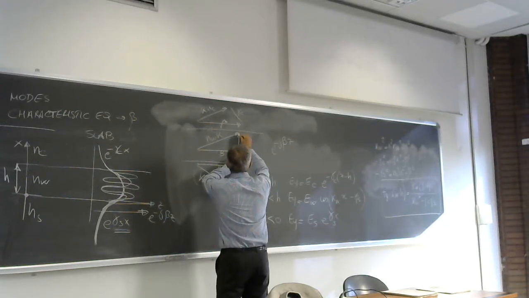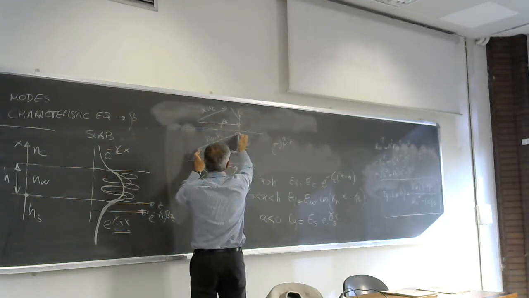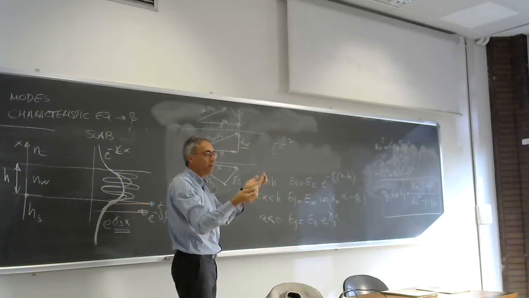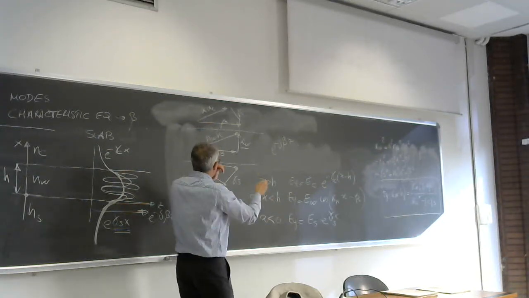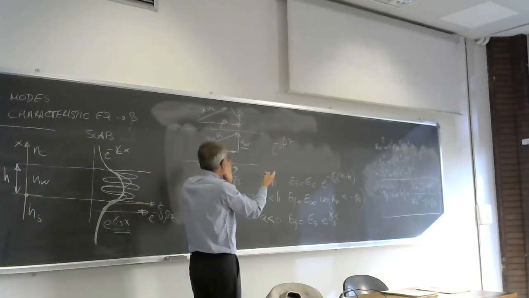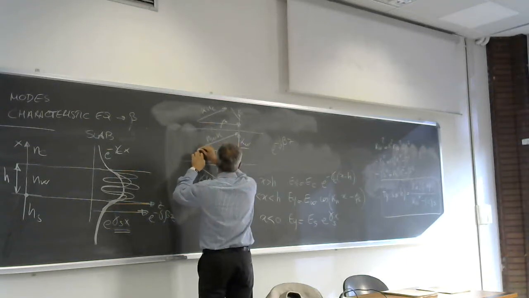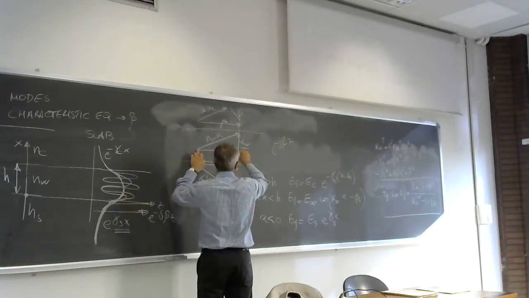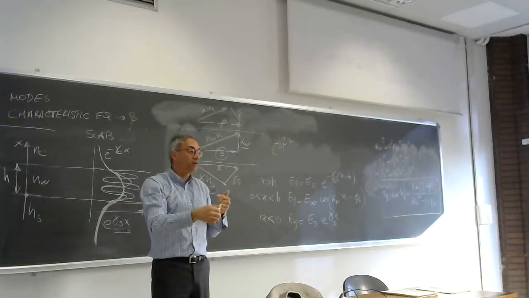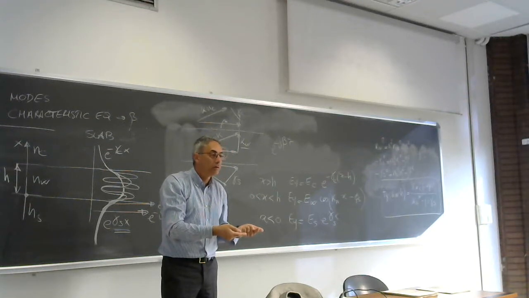So if kW becomes too large, this is fixed because it depends on the frequency and on the material of the waveguide. And you always must close the triangle. So if this one minus this one is negative, beta is no more real, becoming imaginary, so the solution does not exist anymore.